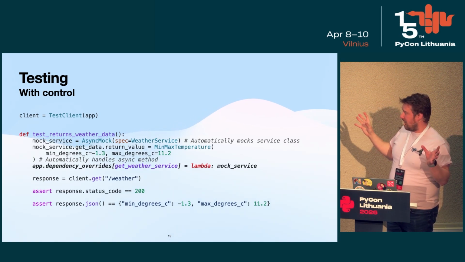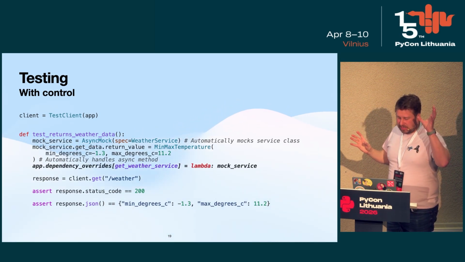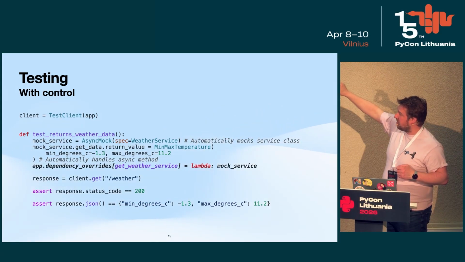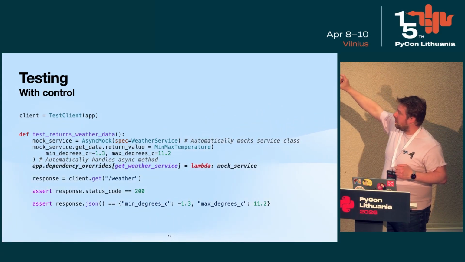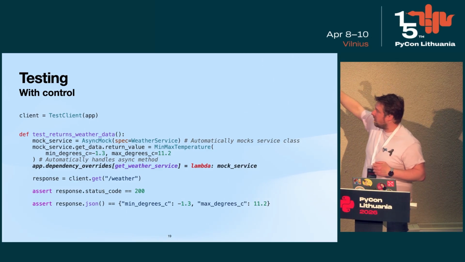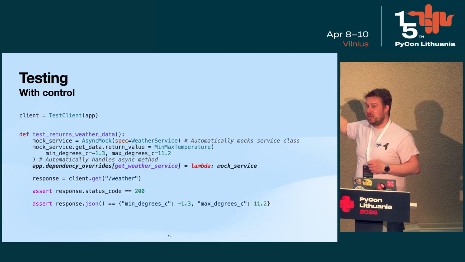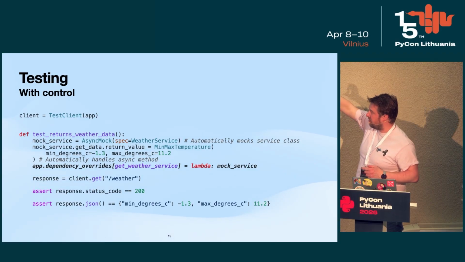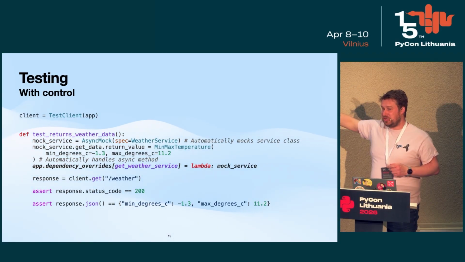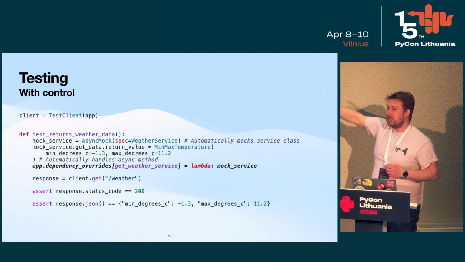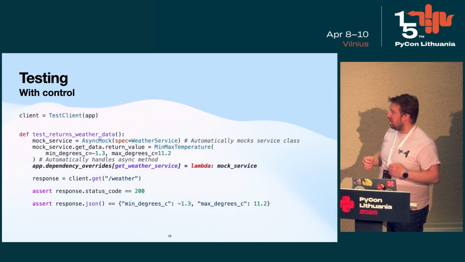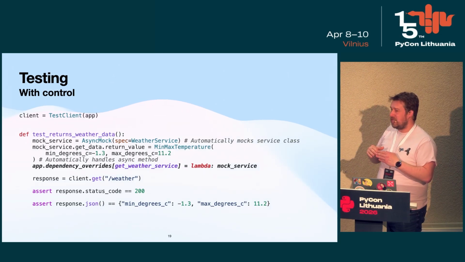We've already talked about how we can decouple our HTTP handling from our business logic. This allows us to override the weather service that's being used in that HTTP endpoint with a mock one, and we just define the behavior that we expect from that, and then we can just test the behavior of the endpoint. And because we have different levels of dependency injection, then we can also have different levels of testing.